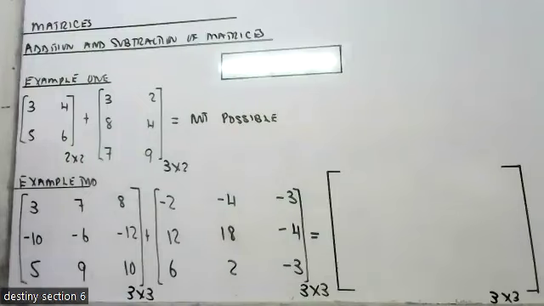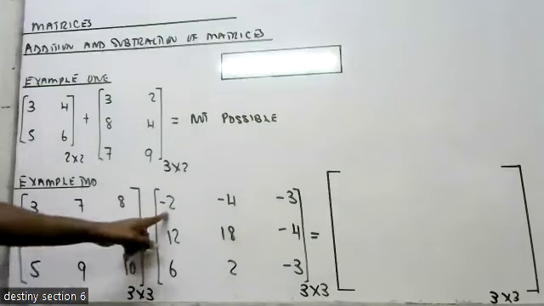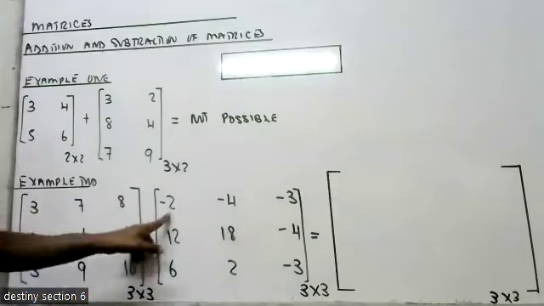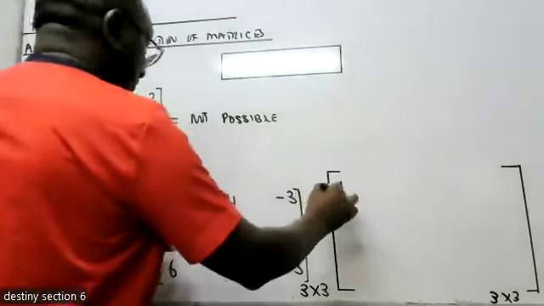And the addition of matrices is very simple. This is what you do. You take this 3 plus this minus 2. So 3 plus minus 2, that gives me 1.